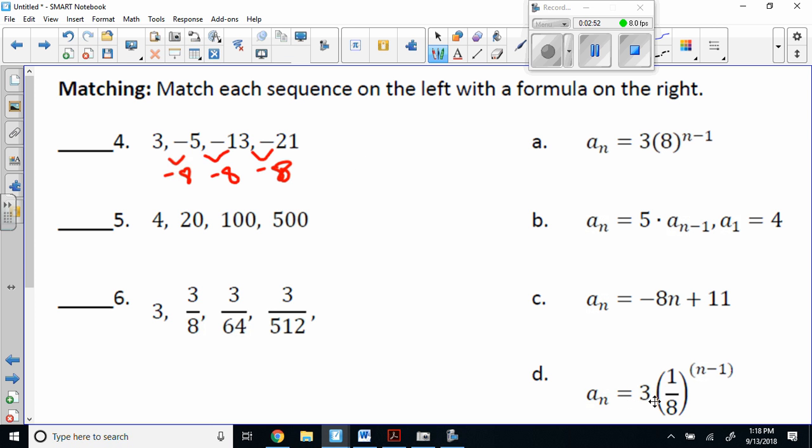So it ain't going to be D, because that's geometric. It ain't going to be A, because that's geometric. So it's either B or what? It can't be B. That's geometric, right? So which one is it? It's C.